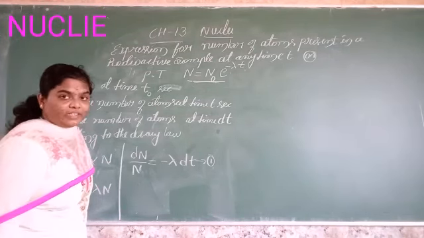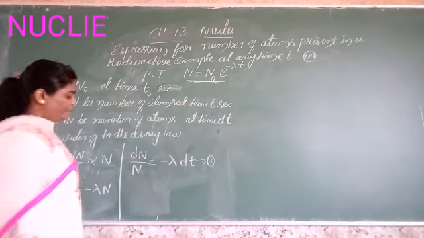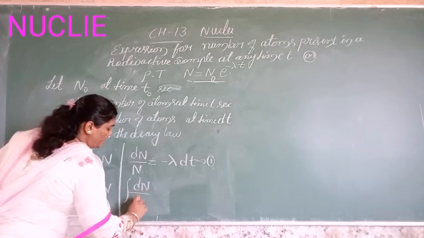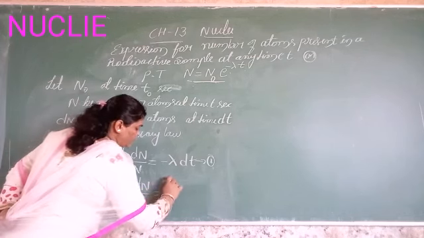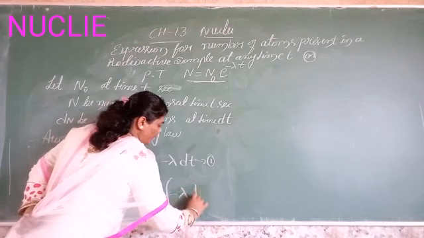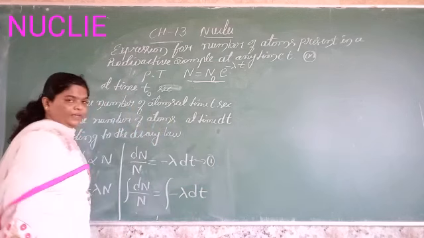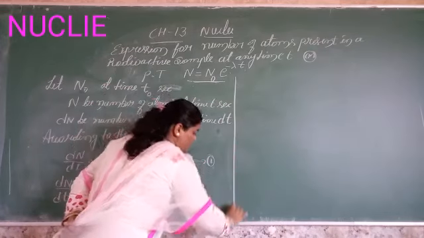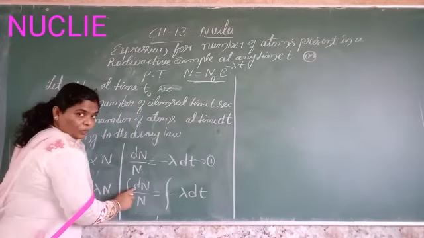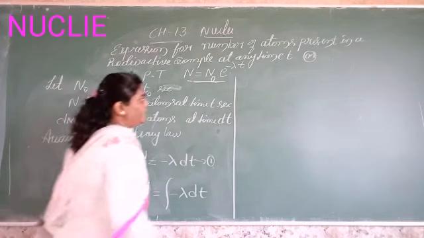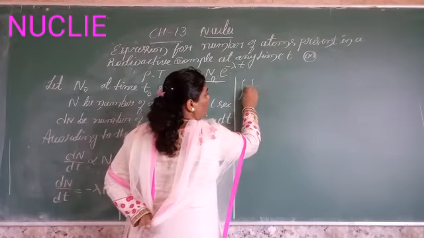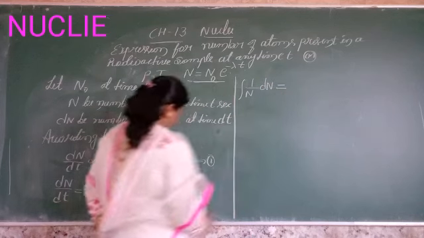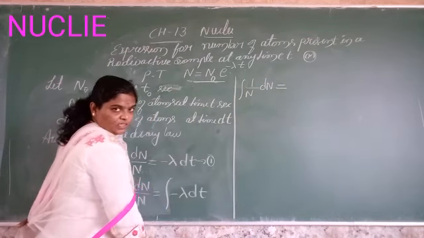That is integration dN by N is equal to integration minus lambda into dt. Integration of 1 by N into dN is equal to minus lambda, which is constant.